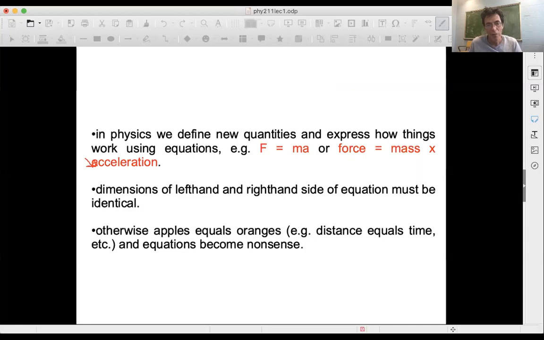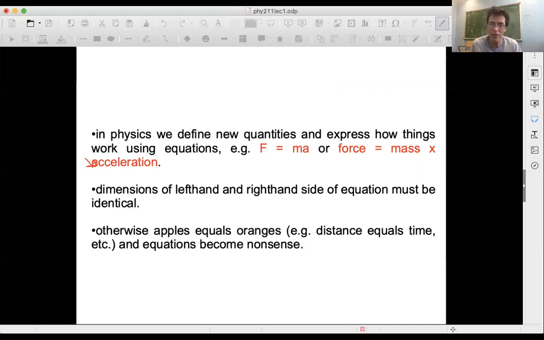If you had different dimensions on the left-hand side and the right-hand side of a physics equation, it would be the physics equivalent of saying apples equals oranges.